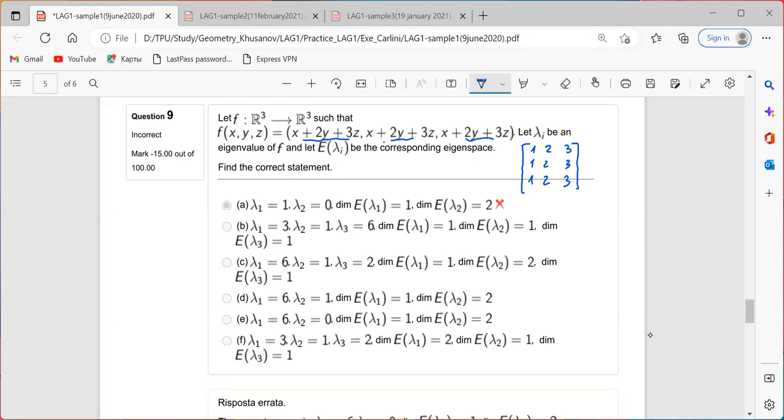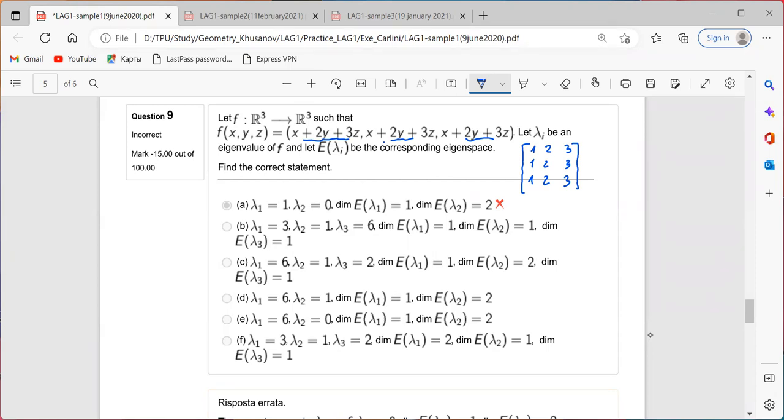Okay. Then we have to construct A minus lambda I. What will A minus lambda I be in this situation?